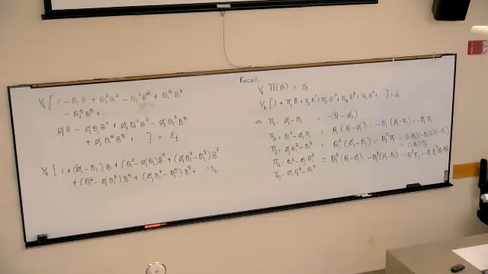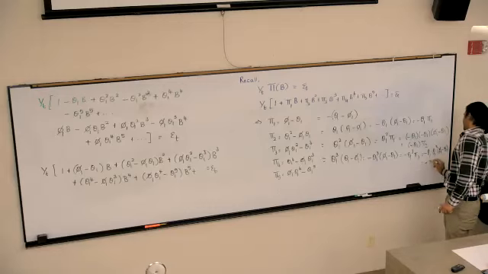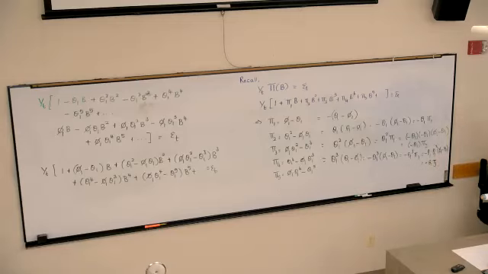Correct? Well, what is theta 1 squared times phi 1 minus theta 1? It's simply pi 3. So you'll have negative theta 1 times pi 3.